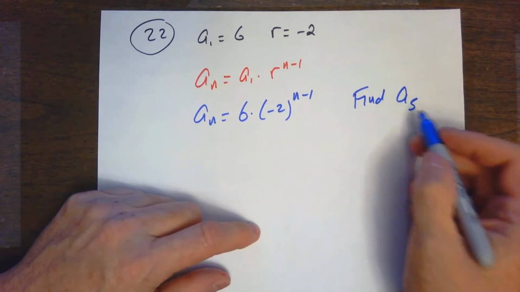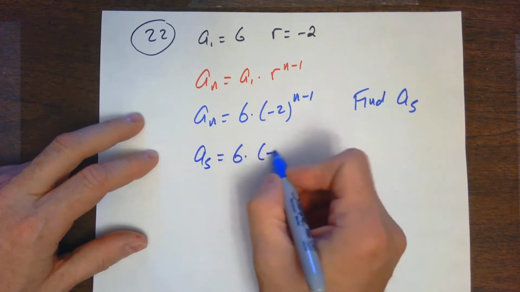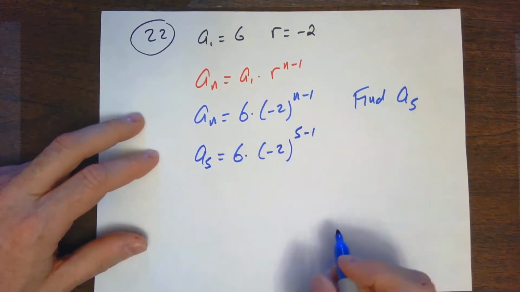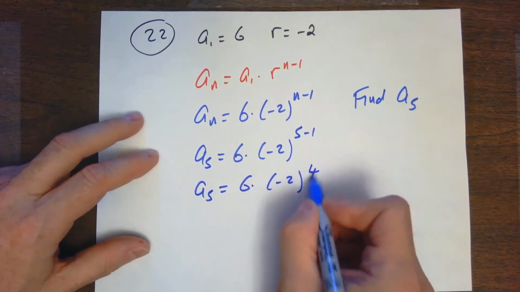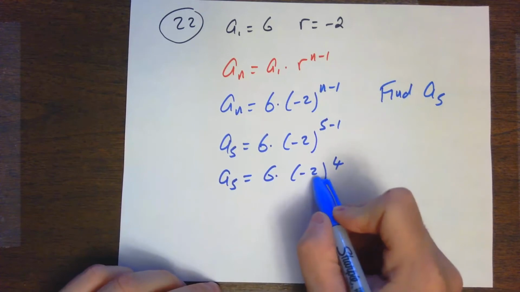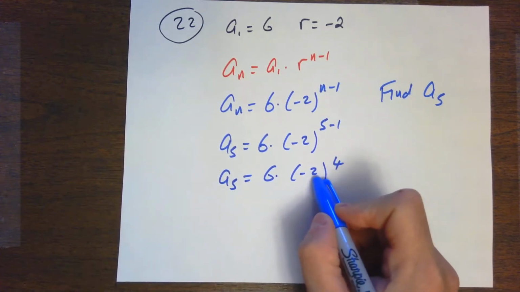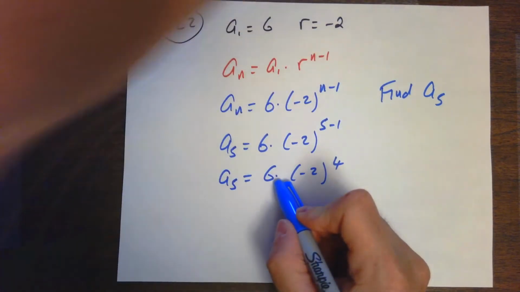All right, so let's find a sub 5, which means the fifth term. A sub 5 equals 6 times negative 2 to the 5 minus 1. A sub 5 equals 6 times negative 2 to the fourth. I think I can do this in my head. Negative 2 times negative 2 is 4, times negative 2 is negative 8, times negative 2 is 16. 16 times 6.